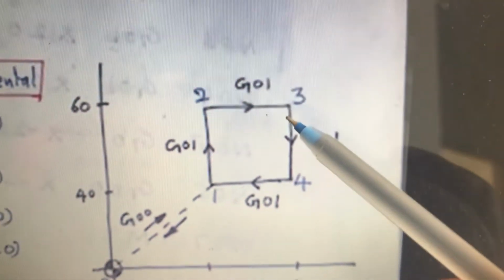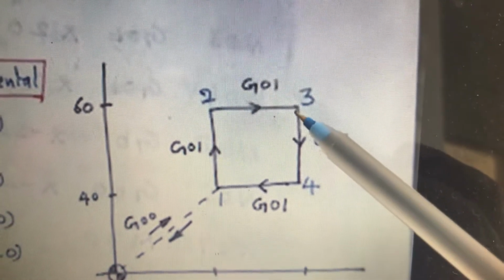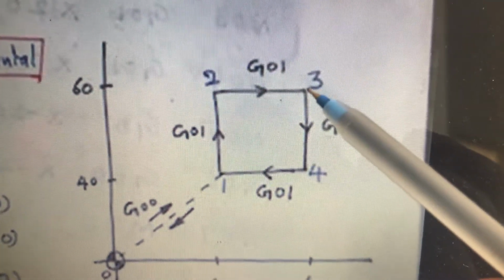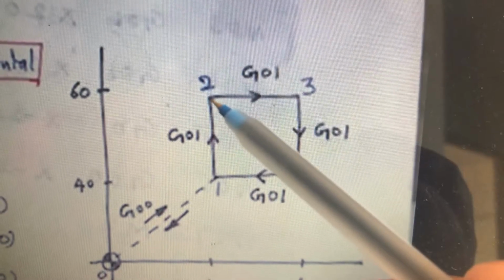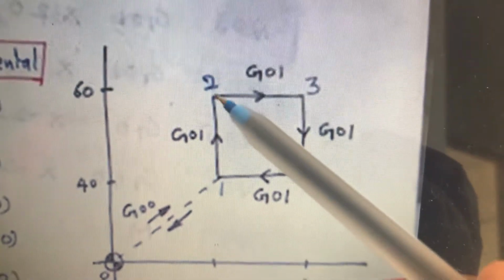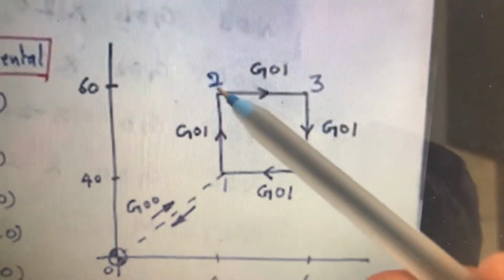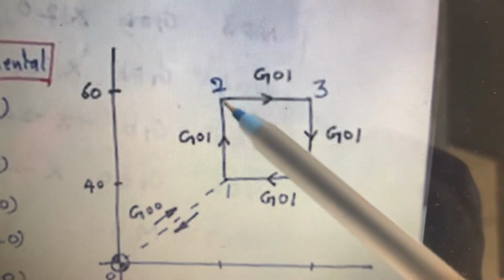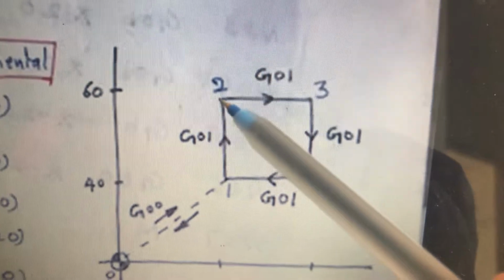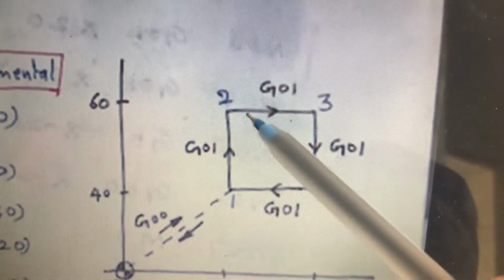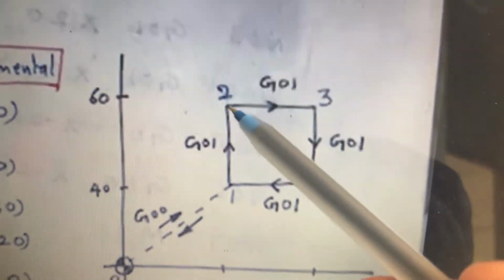Now when you come to point number 3, as per the incremental positioning concept, point number 2 becomes the origin. That means at this point we get 0 0. So this is positive x, this is positive y, this is negative x, this is negative y. You draw the axis here where we assume 0 0.